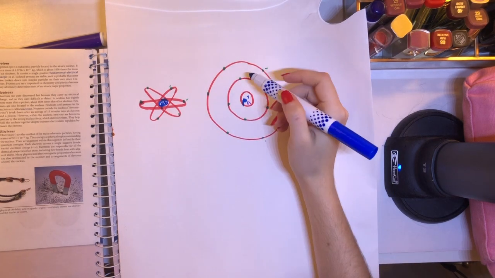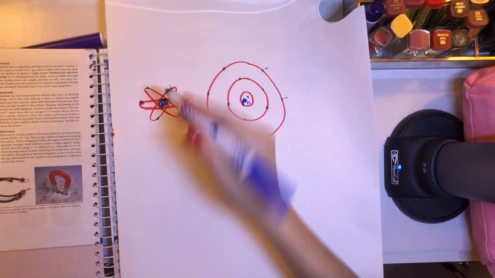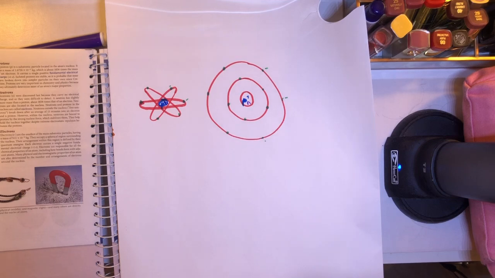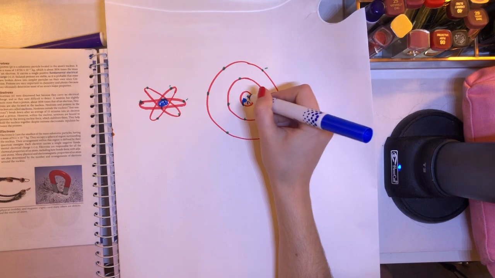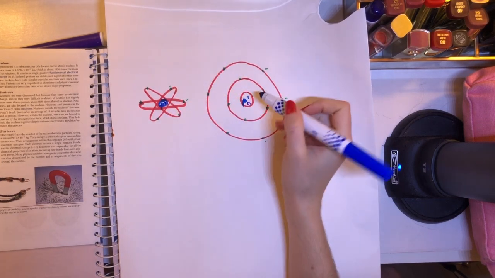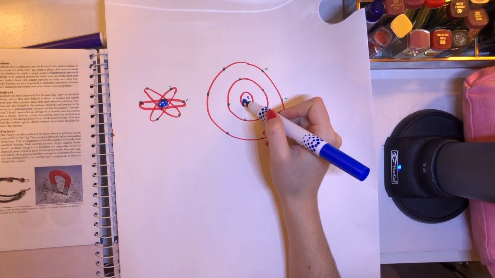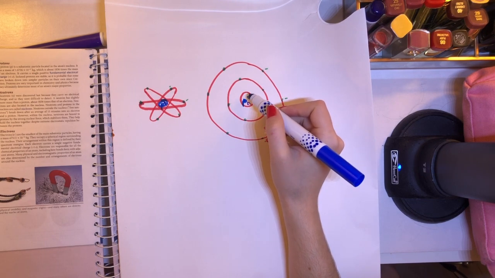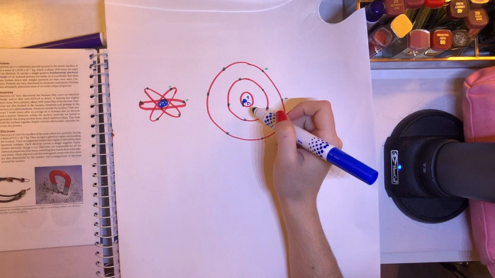So let's assume that the center here is the nucleus of the atom. We know that protons have a positive charge, right? P for positive. Protons have a positive charge and they're located inside the nucleus of an atom.